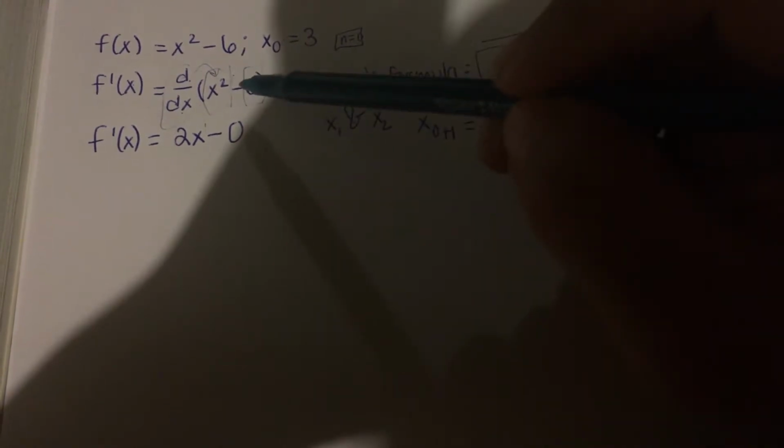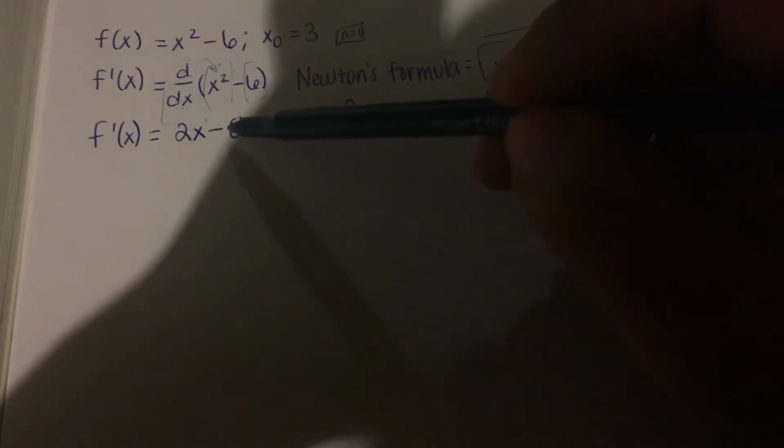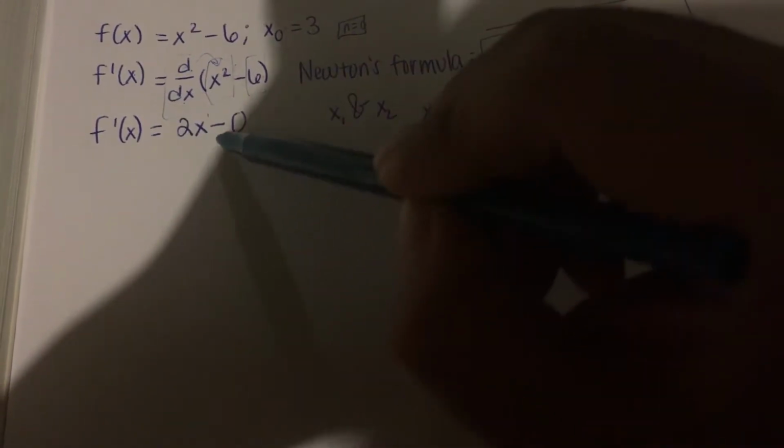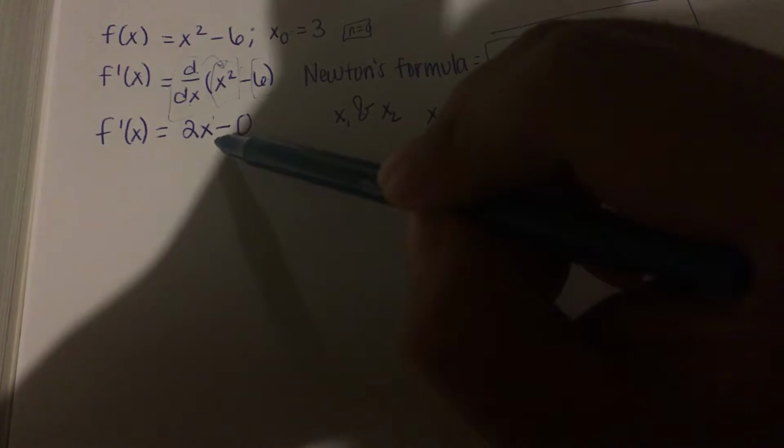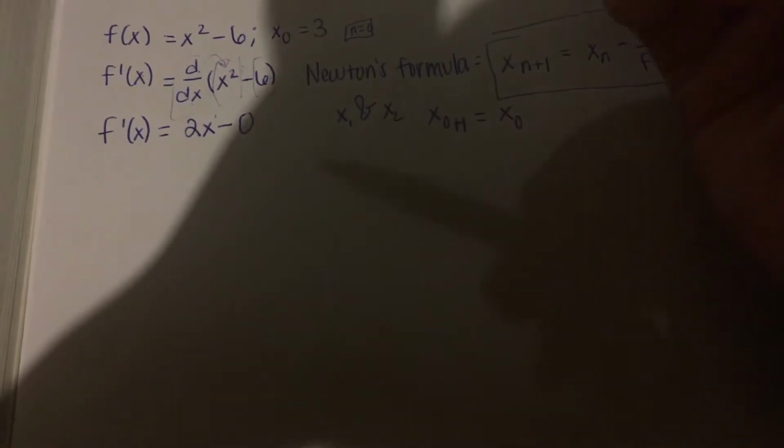As we all know, the derivative of any constant is just 0. So that's the simple part. Here we have f prime of x equals 2x minus 0. But since anything subtracted by 0 is the same, we're just going to leave it at 2x so we don't confuse ourselves.